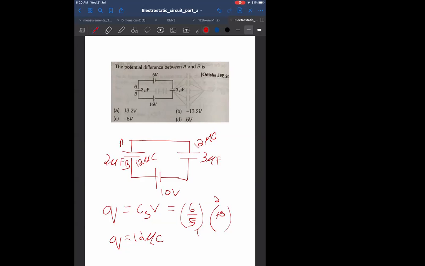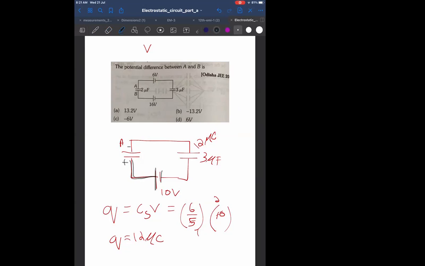Yes, sir. Okay, because V equal to Q by C, you're getting answer as 6 volt. Now, if you look at the screen, if you're getting answer as 6 volt, now can I say this will be sources, correct?